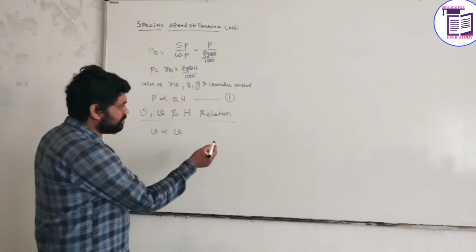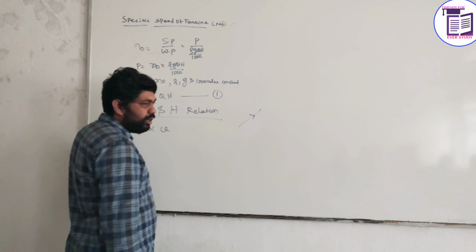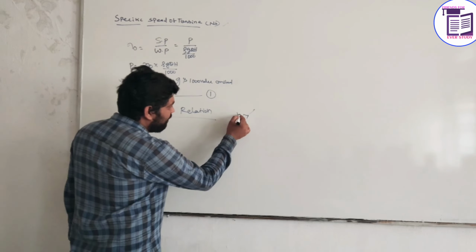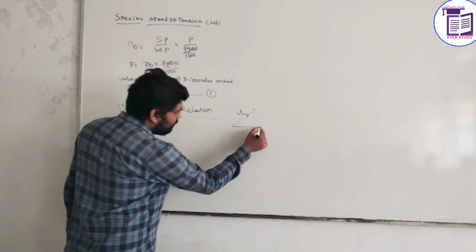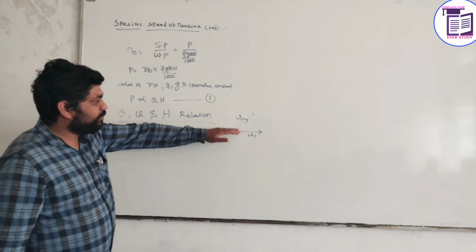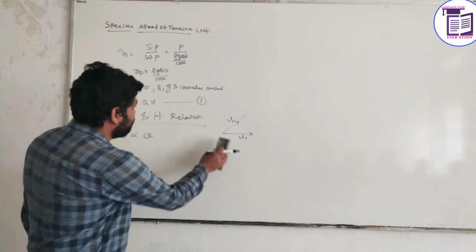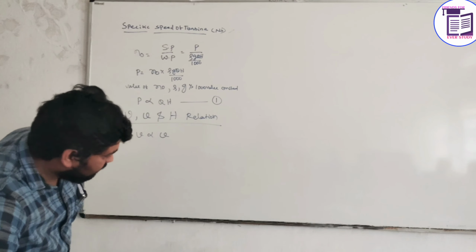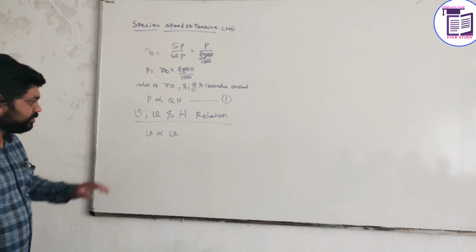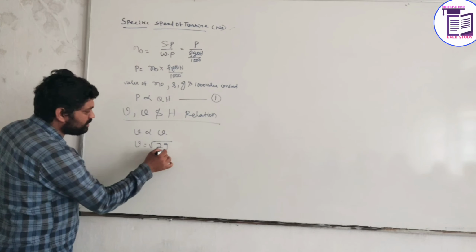How? In any turbine, such as a reaction turbine, the inlet velocity is V1 and the tangential velocity is U1. So V1 is directly proportional to U1, or V is directly proportional to U, and you know V is equal to root over 2gH.